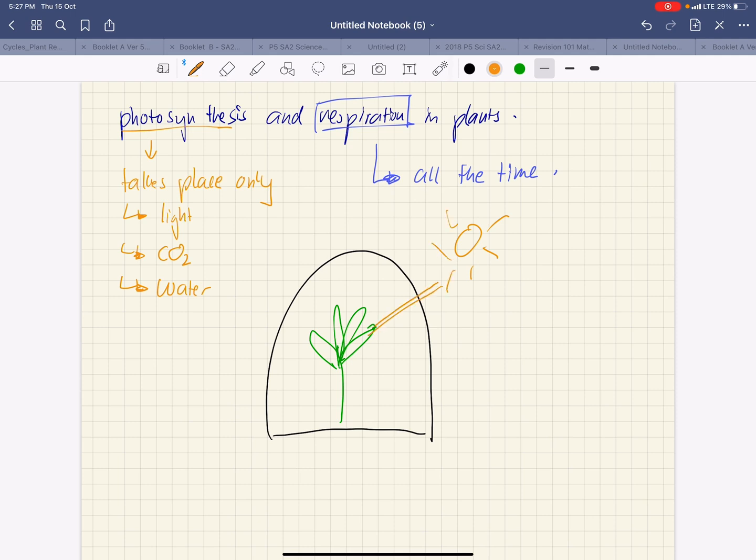What happens is that they analyze the composition of the air at the start and at the end. So let's just say at the start of the experiment, you have 10 units of oxygen and 2 units of carbon dioxide.